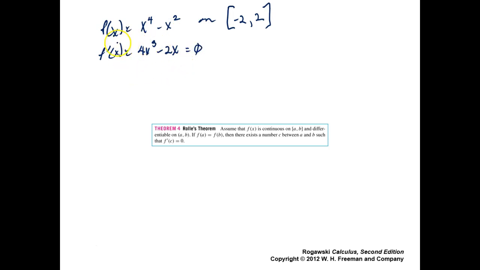And what would that produce? Take out a common factor, 2x. So you get 2x times (2x squared minus 1) equals 0. And what does that tell you?